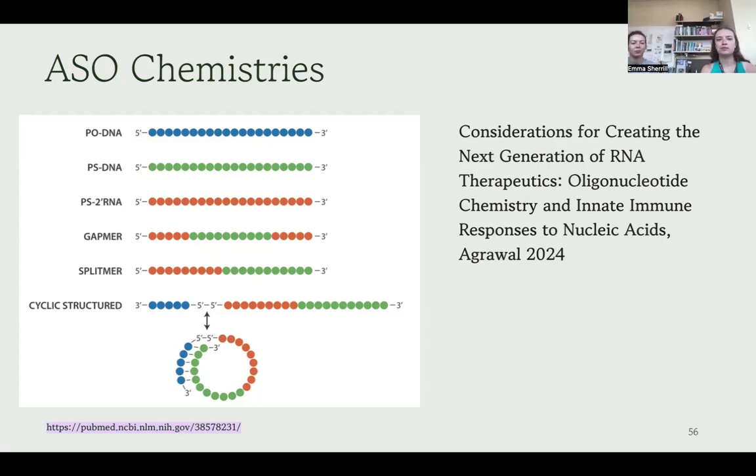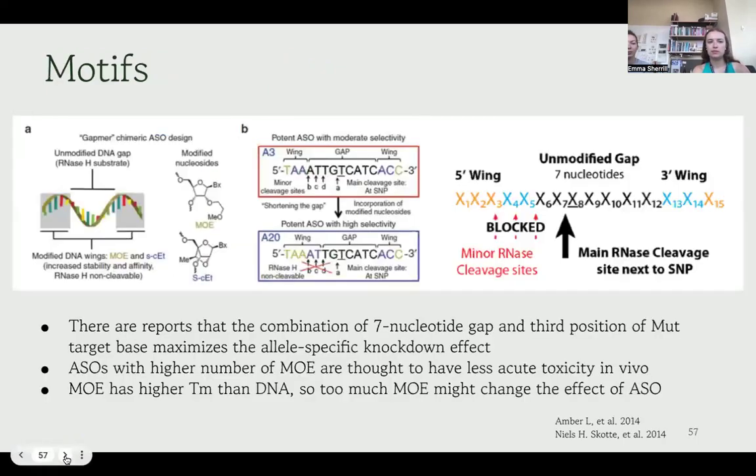Amazing. All right, and then I believe this is the last slide, just on ASO structure. I know this figure is a little bit busy, so no need to fully understand every piece of it, but the takeaway from this slide is that we like to think about how long the wings are and how long the gap is in a gapmer ASO.